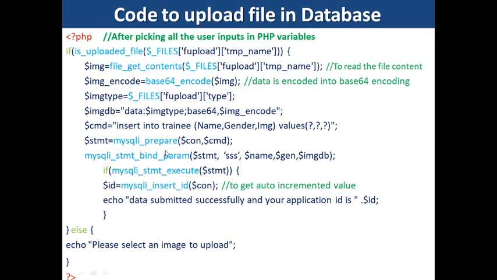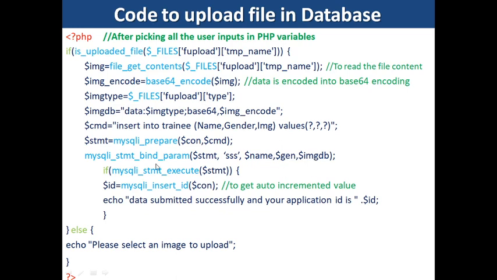So mysqli_prepare $con $cmd, and then we'll bind the params. $stmt sss, since the inputs we are expecting as strings, so s is for name, s is for gender, s is for img, and then the values: $name is for name, $gen is for gender, and for image imgdb.